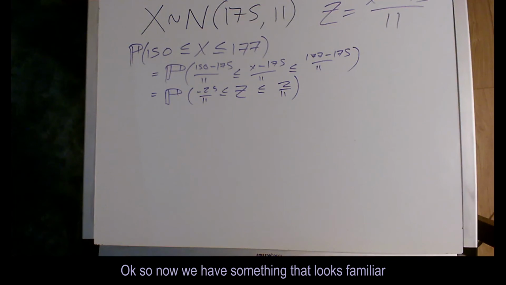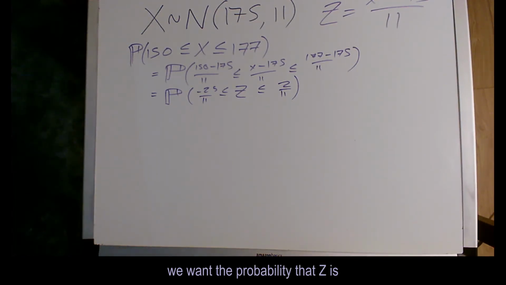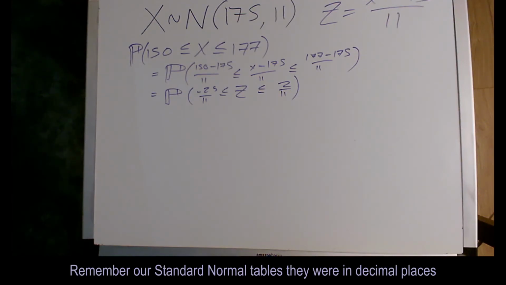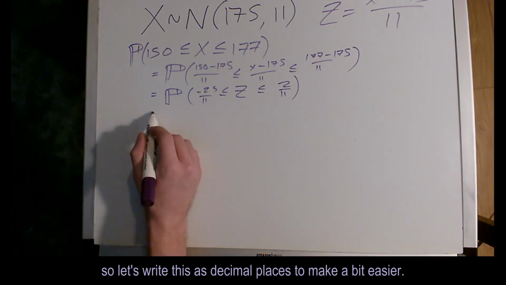Okay, so now we have something that looks familiar. We want the probability that z is between minus 25 over 11 and 2 over 11. So remember our standard normal tables, they were in decimal places. So let's write this as decimal places to make it a bit easier.